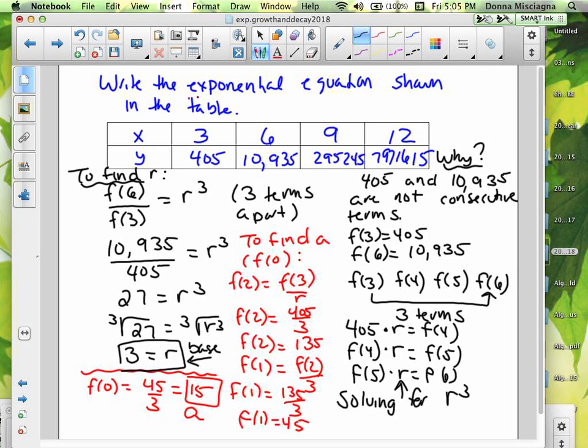It's not a decay factor, an interest rate, or anything like that. I'm just thinking of r from our geometric sequences. I could have put b instead. b times b times b, so we're finding b cubed. So our equation here is going to be f of x equals 15 times 3 to the x. That was my equation.